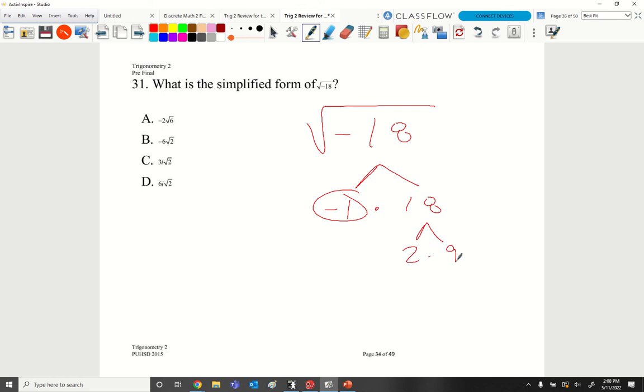No, circle the 9. Why am I circling the 9? It's a radical, a perfect square. The square root of 9 is going to give me 3. That negative 1 is going to give me an i. And what's left over?